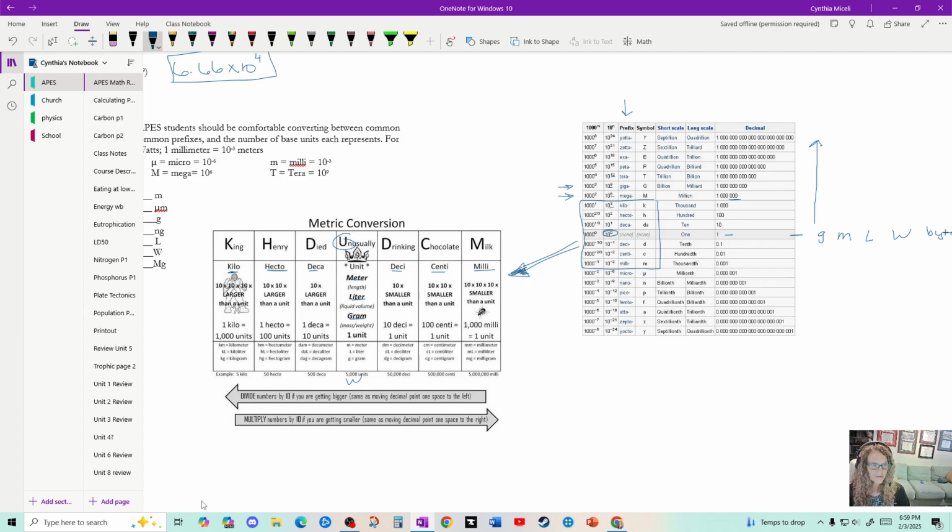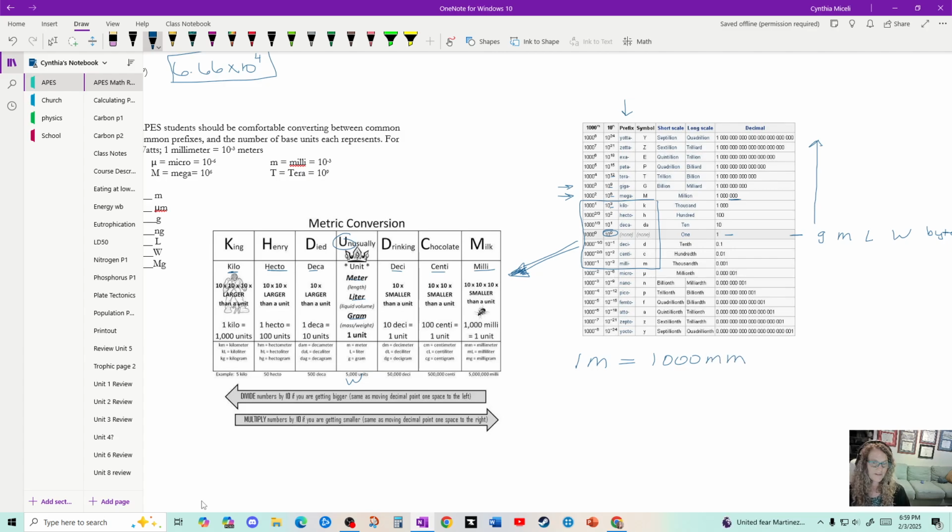All right, so this arrow down here is a big deal. If you are getting bigger, then you're going to divide by 10 each jump you do. And if you're getting smaller, you're going to multiply by 10. So for example, 1 meter is equal to 1,000 millimeters.